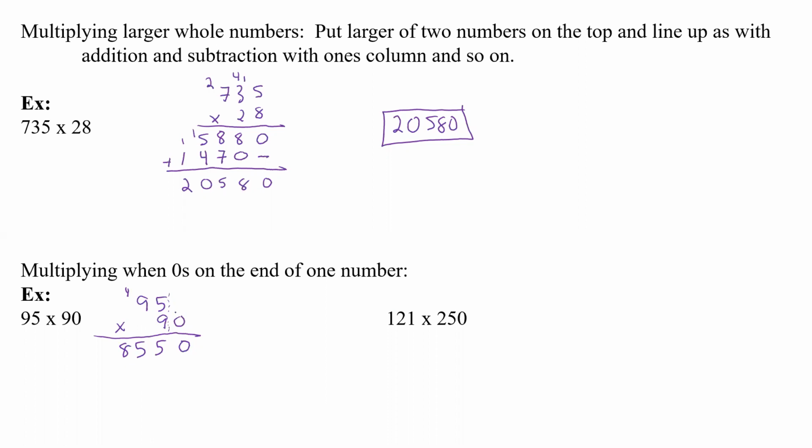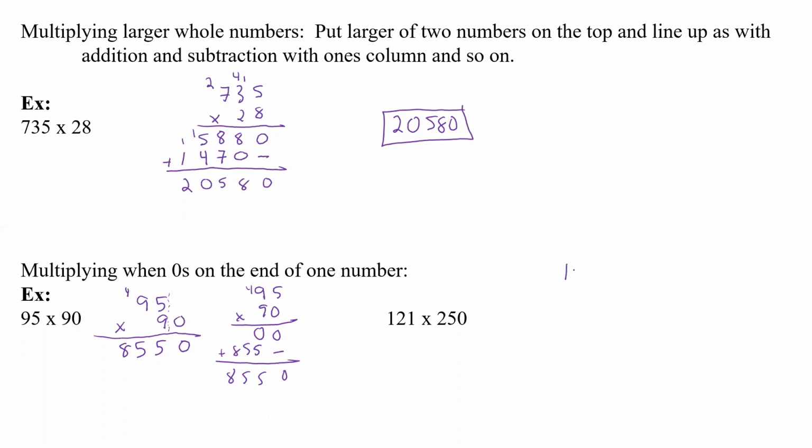And that's what we can do when we have those zeros, because if we would have thought about this, 95 times 90, we would have had 0, 0, then we had a space, then we had 9 times 5, which was going to be our 45, and then 81 plus 4 is 85, and then we have to add, and that would be 0, 5, 5, 8, and we get the same thing, but we had to do that extra line of multiplication with zeros, which is nothing, and so we just said, okay, well, we're dropping the 0 down, and then we just multiply the rest. And that's what we're going to do here too.